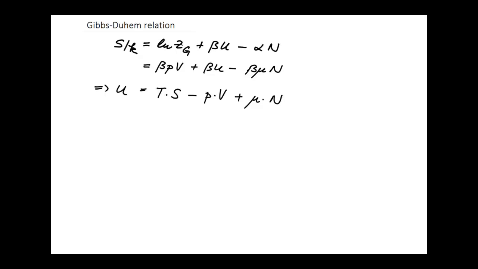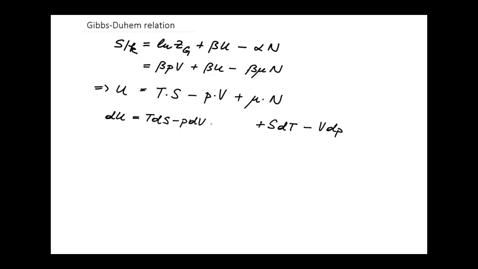Then we can take the total differential of energy, du, and by product rule, we get TdS plus SdT and so on. I would like to group the various terms in a particular way. I would first like to write TdS plus SdT. Then I have minus P dV minus V dP.